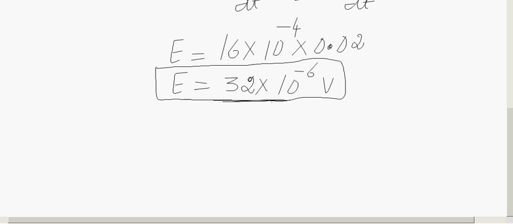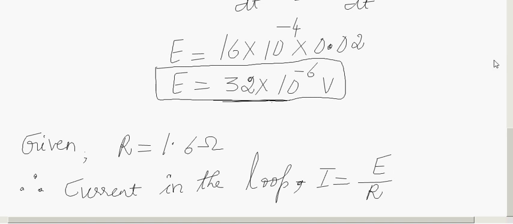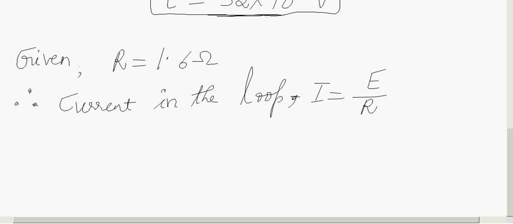Now given the loop resistance R as 1.6 ohm, the current in the loop is I equal to E by R, that is 32 into 10 to the power minus 6 divided by 1.6.